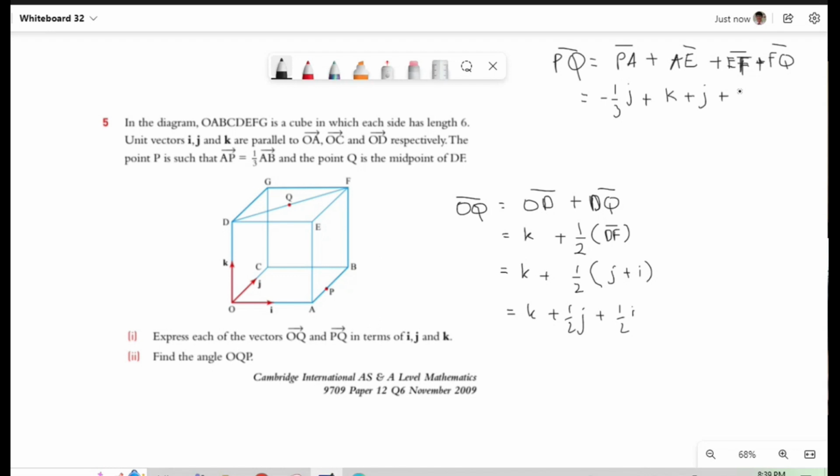FQ is half of FD, and FD is quite obvious, it's going to be negative i plus j. Therefore, FQ would be negative half i plus half j. And we can simplify this expression by grouping the same letters, i with i, j with j, and k with k.